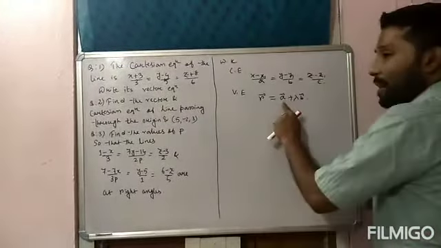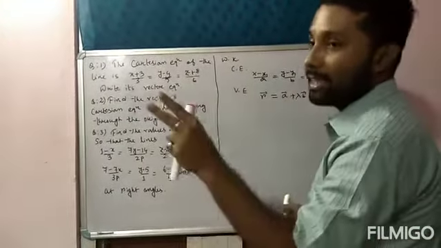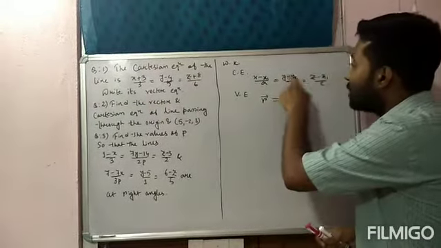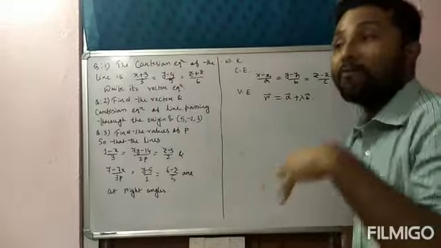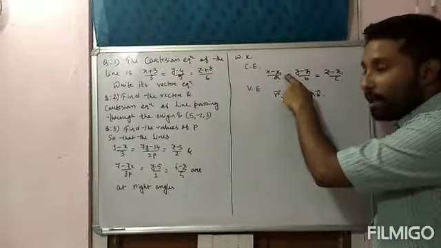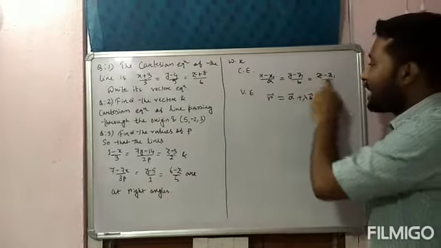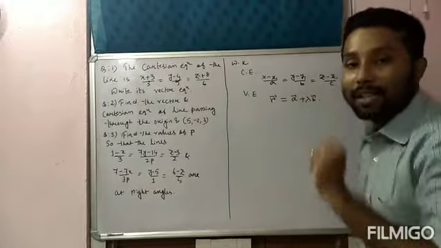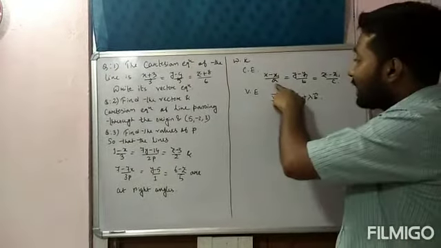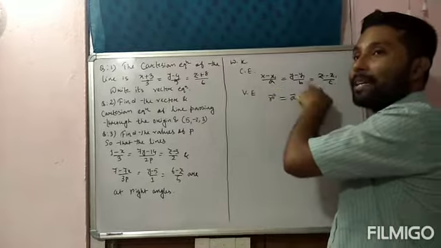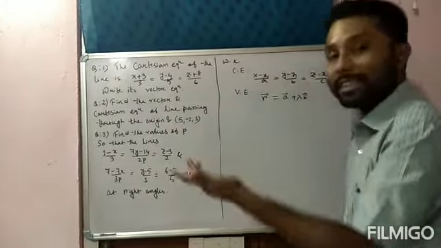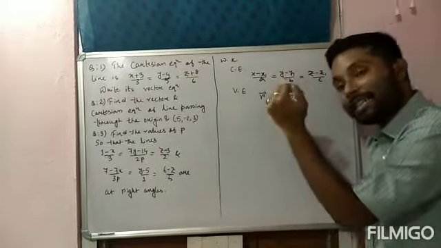Where a bar represents the point, you have to write that point in vector form. That means the value of x1, y1, z1 has to be represented in vector form, that is x1 i cap plus y1 j cap plus z1 k cap, this will be the value of a bar. Whereas b bar is nothing but the parallel line, that means the direction ratios a, b and c. You have to represent the direction ratios also in vector form because b bar also has direction.